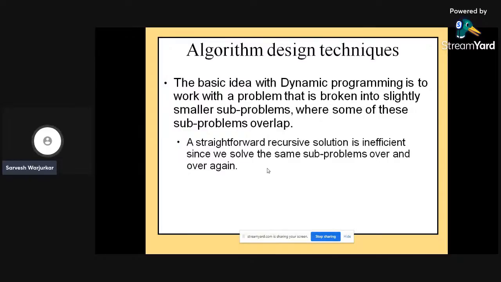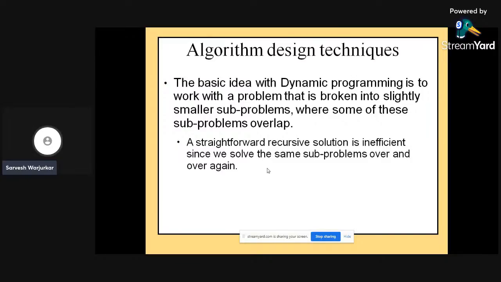The approach is very similar to divide and conquer, in breaking down the problem into smaller and smaller sub-problems. But unlike divide and conquer, these sub-problems are not solved independently. The results of these smaller sub-problems are remembered and used for similar or overlapping sub-problems.